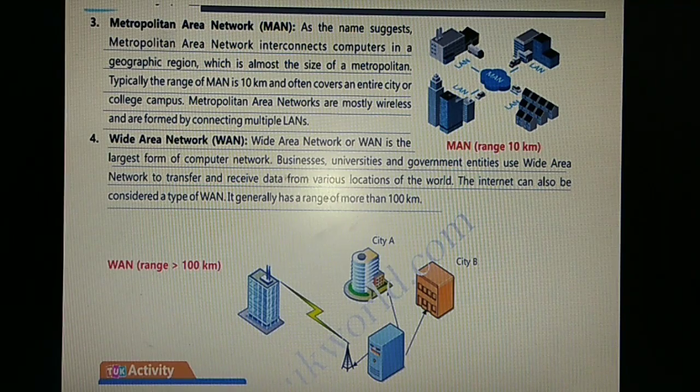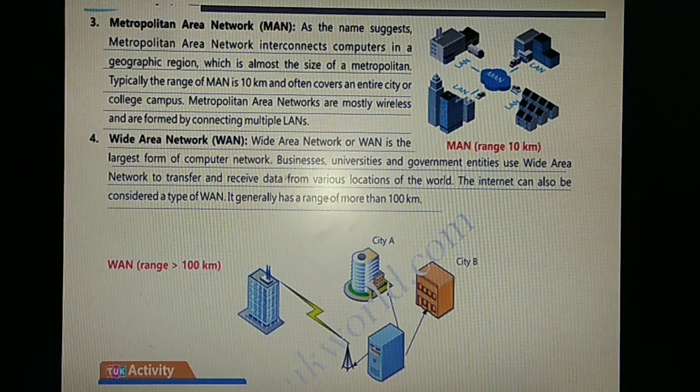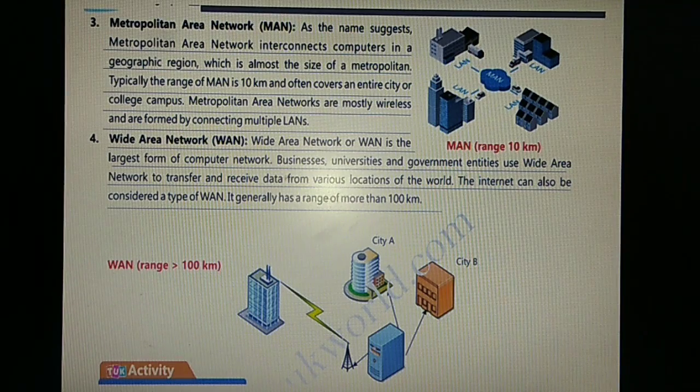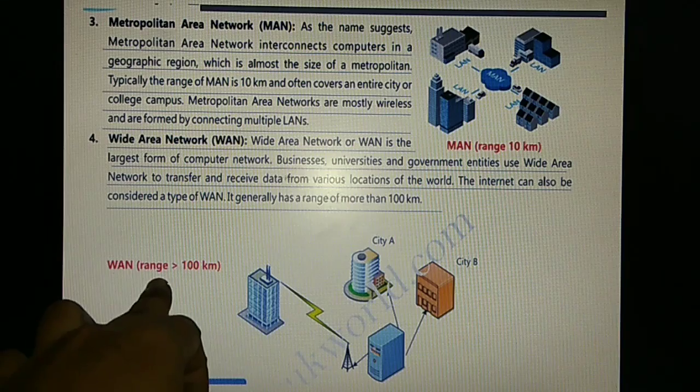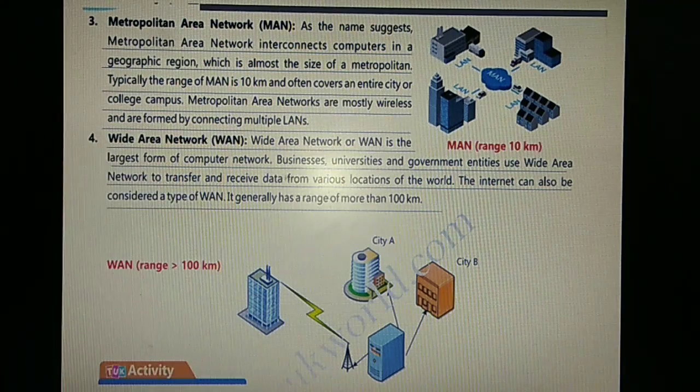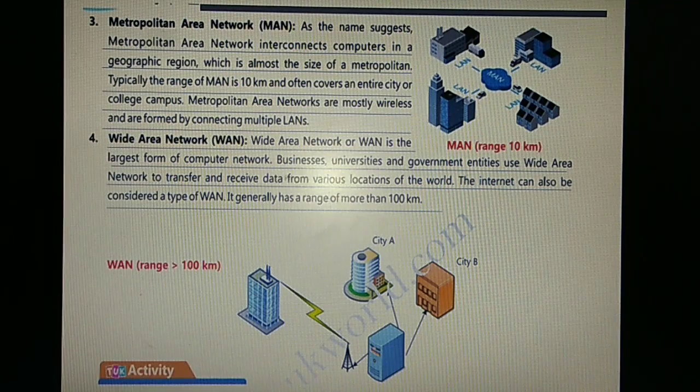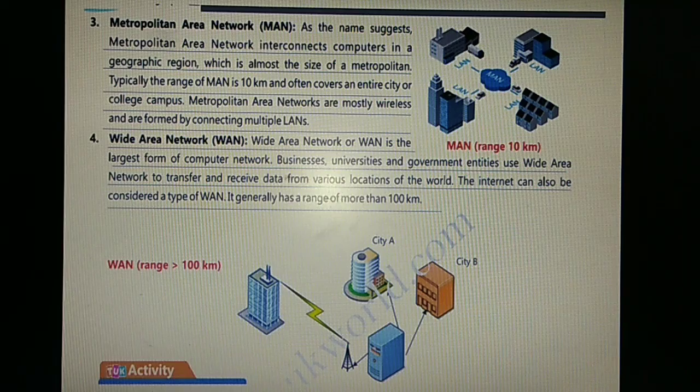It generally has a range of more than 100 kilometers. Just see, the range is greater than 100 kilometers. That means it is connecting from one country to another country, and obviously it is using wireless technology.